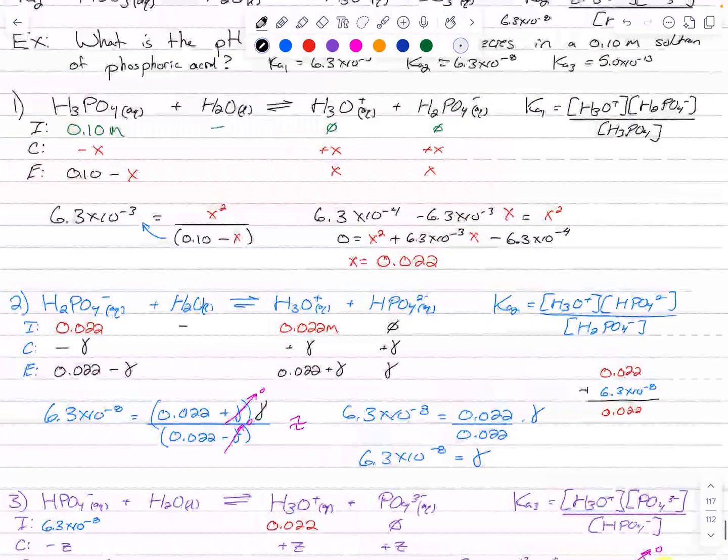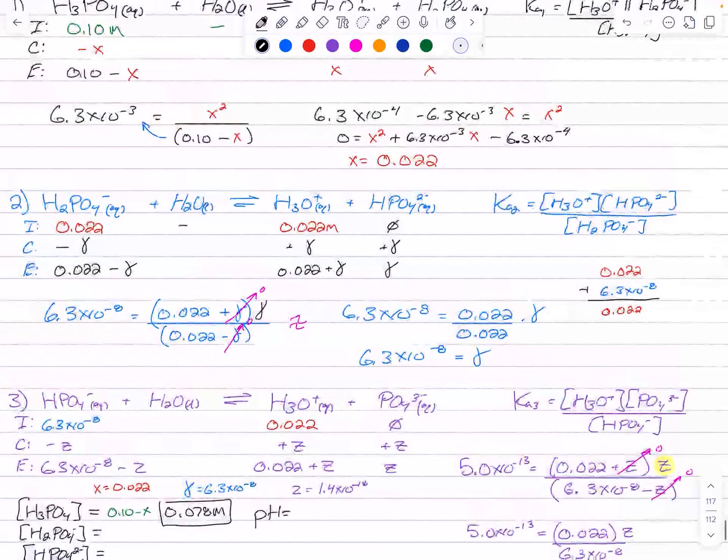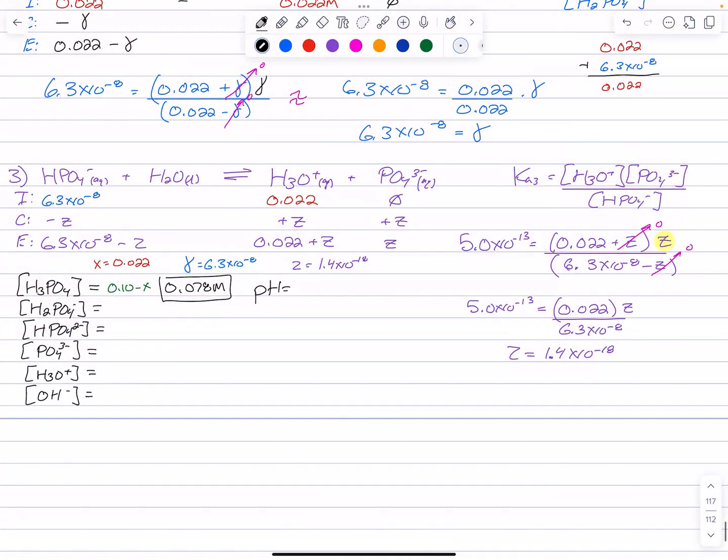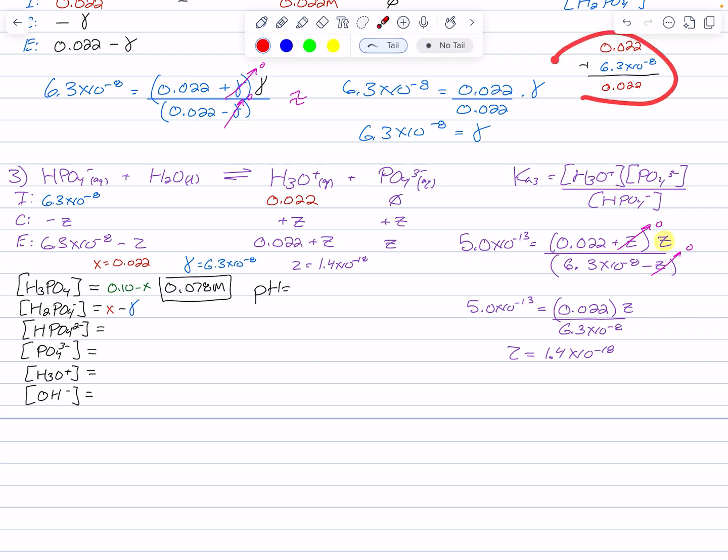Dihydrogen phosphate is X minus gamma. And gamma, we just did that over here, right? We just did that right here. Well, we did it plus, but minus is the same thing, right? And so that's just going to be X of 0.022 molar.